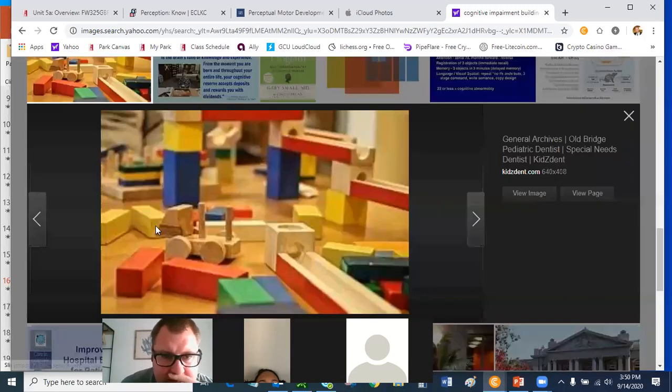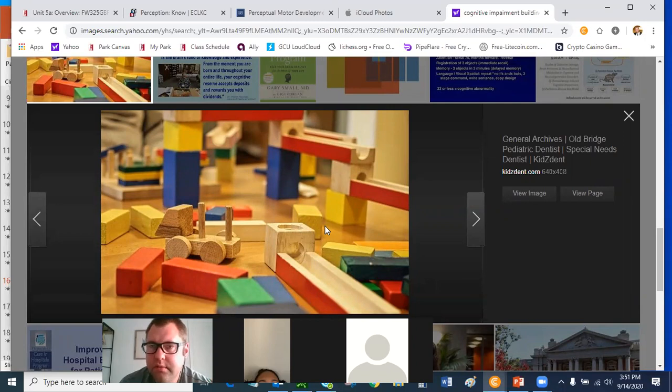Oh, something like this. This is what I'm talking about. So you would be given all of these different pieces here, and you would just be given the instruction to build something. And then you have to say what it is you built.